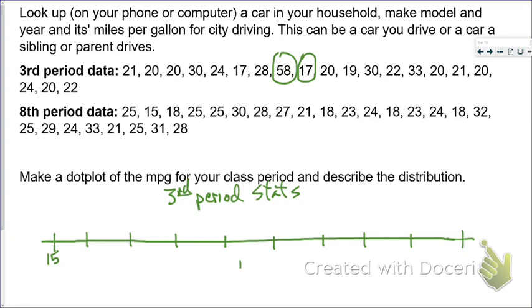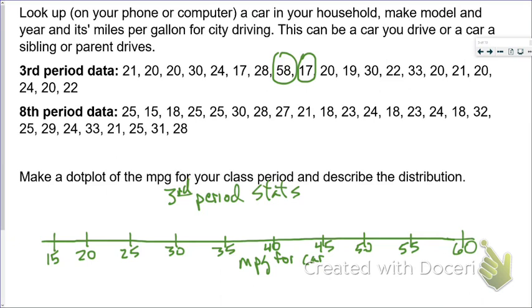And this is miles per gallon for car. And you just start making dots. Pile them up over the value.